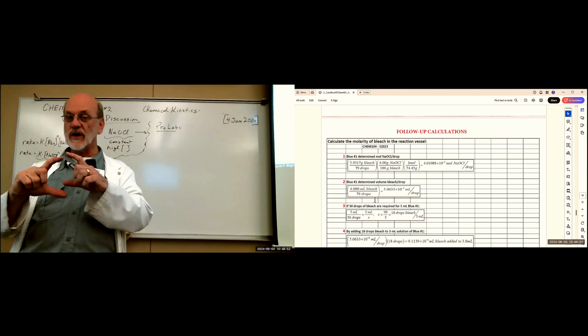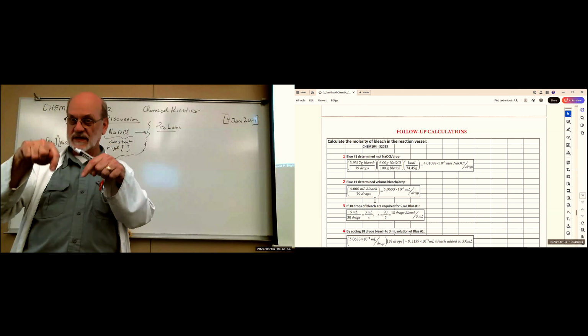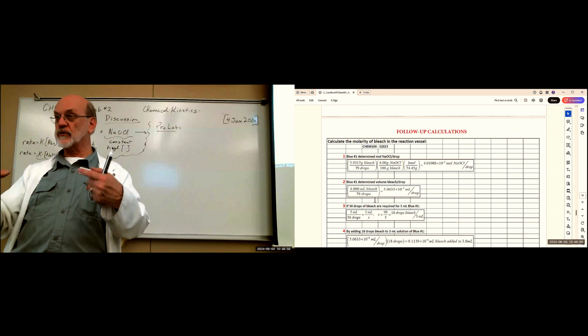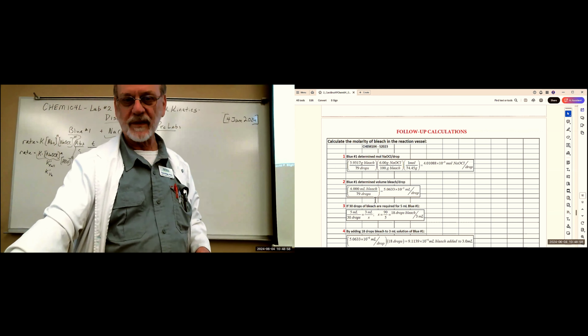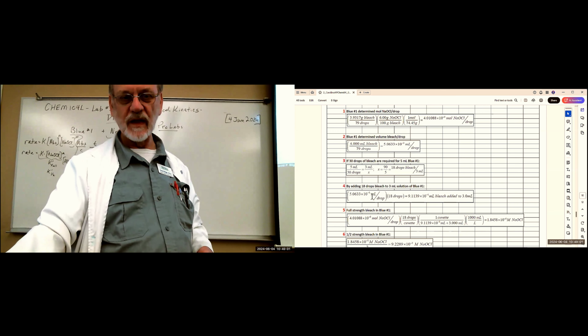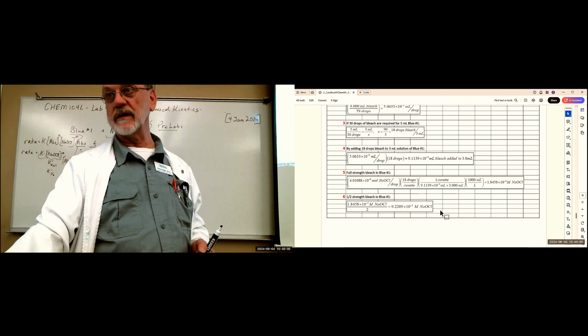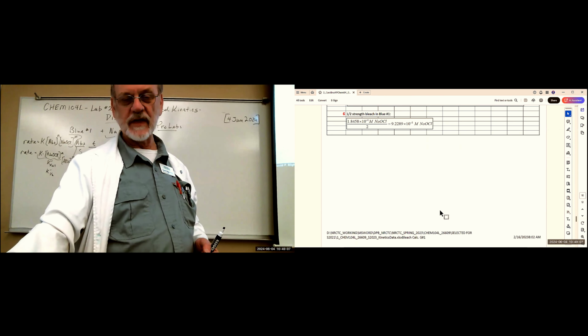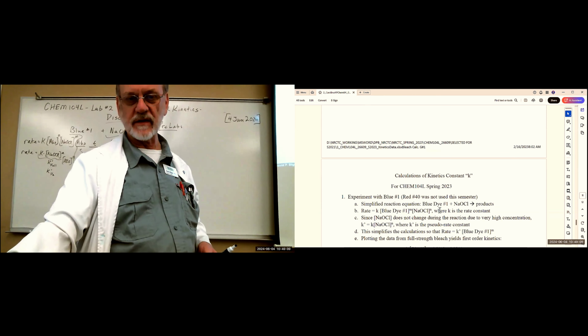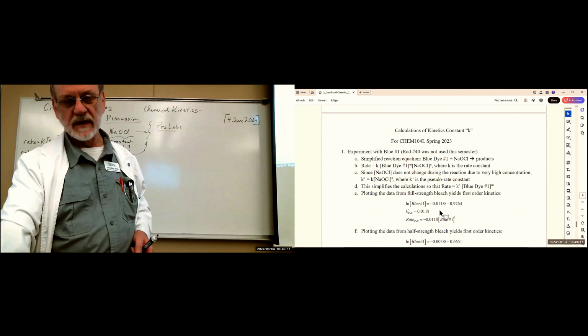You can calculate the molarity of the bleach in that solution. That's the full strength molarity. Okay. Once you know the full strength molarity, just take half of it, and that's the half strength molarity. So that's what that page is for, calculating the molarity of the bleach.